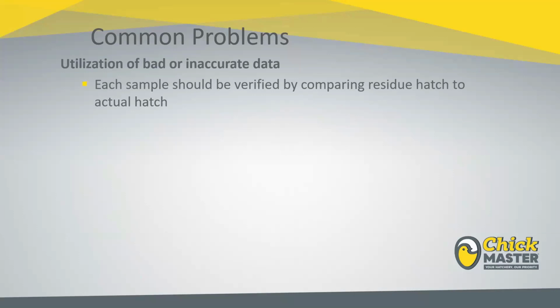And my residue hatch should fairly closely, within a couple of percent, match what the actual hatch from that flock is. And so I want to make sure that I always compare that and try to understand maybe why a sample was not a good sample if my actual and residue don't match.